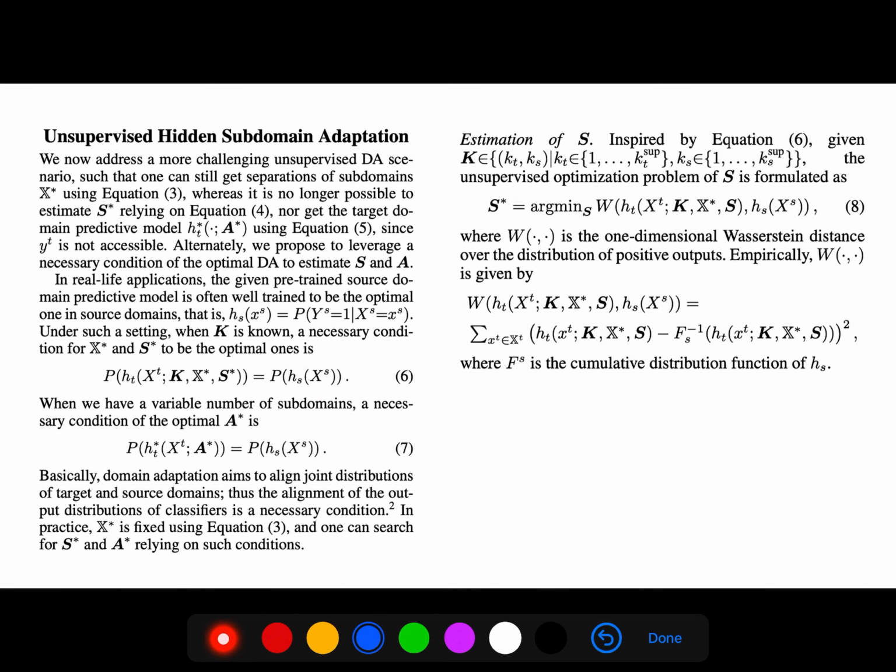But for unsupervised hidden domain adaptation, in real-life applications, the given pre-trained source domain predictive model is often well trained to be optimal in the source domains. So when K is known, a necessary condition for X and S to be optimal is this. When we have a variable number of subdomains, a necessary condition is equation 7.